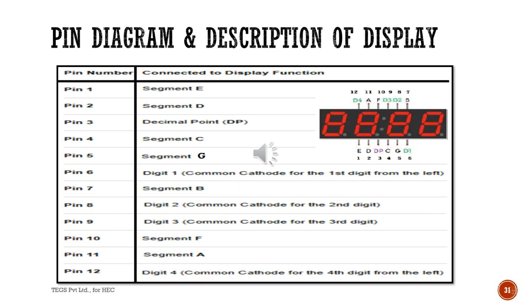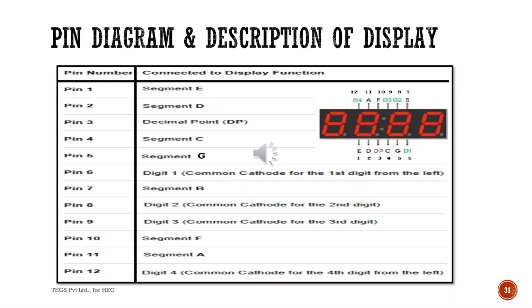This is the pin diagram of the 4-digit display combo module. The dot points are pointing downwards, the left hand side is the starting point of the count, and pins are counted anti-clockwise.